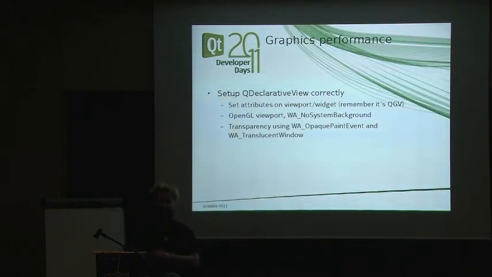Setting up your declarative view is very, very important. In most cases, and especially in embedded nowadays, you want, for example, to have everything drawn by OpenGL. You have to set up your viewport with setViewport, new QGLWidget. Additionally to that, there are a lot of different flags you can set and unset, and it's a little bit complicated.